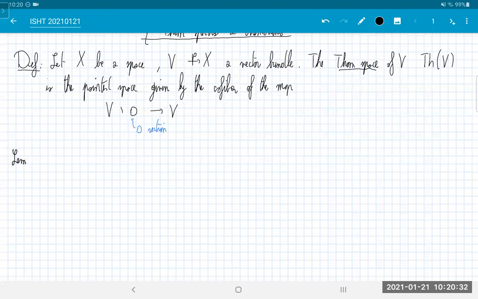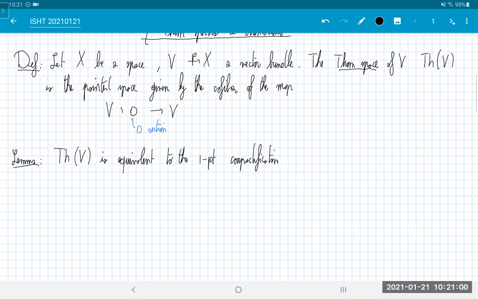So lemma. Now let's suppose that X is an actual topological space and V is an actual vector bundle, although of course it depends only on the homotopy type. But Th(V) is equivalent to the 1-point compactification of V based at the point at infinity.